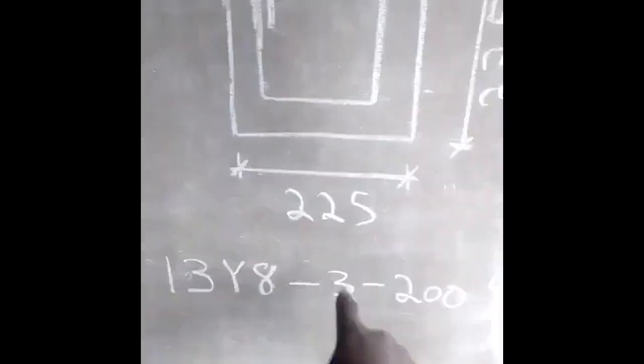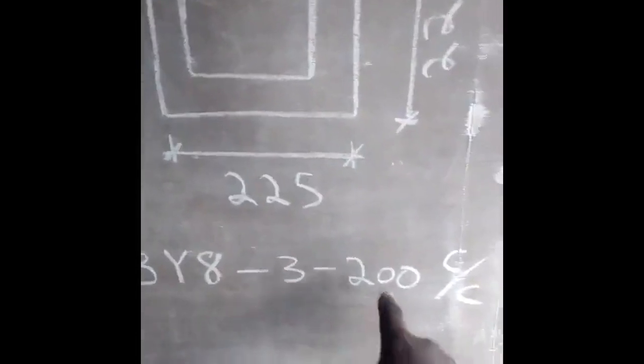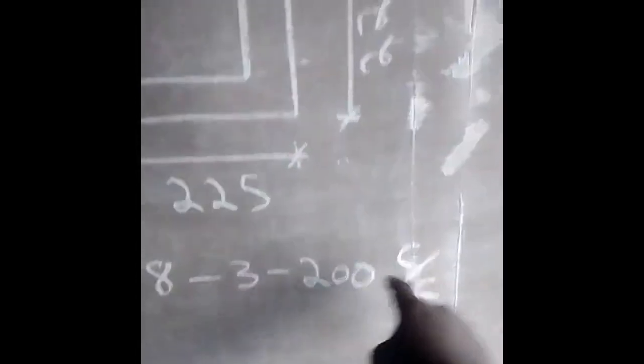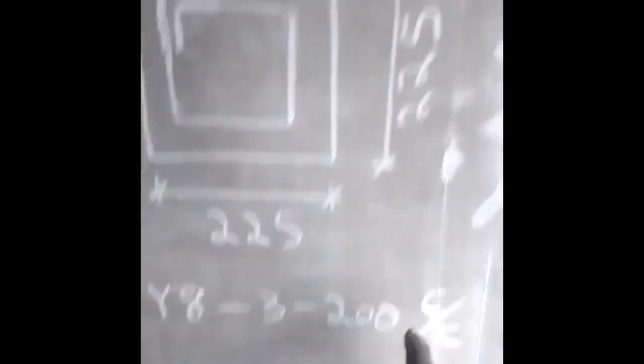Forget about this number, it's just for numbering. 200 millimeter center to center, which is approximately 8 inches center to center. That is what they mean: measure 8 inches center to center until you get up to 13 of them. That's the number that is expected.